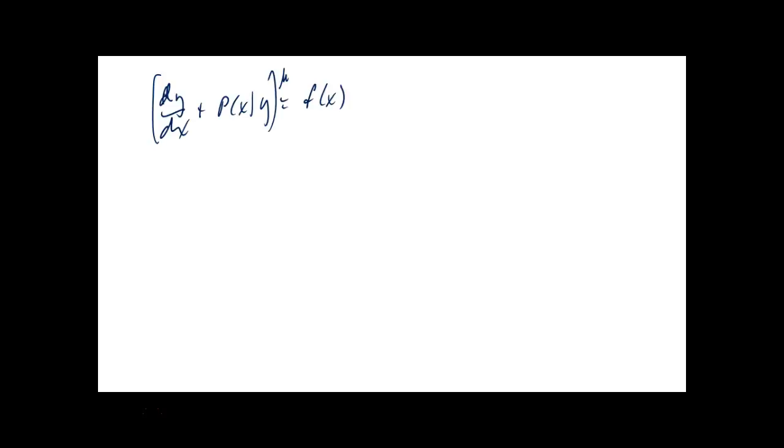All right. So what we have now, I'm going to rewrite this. The mu of x is equal to e to the integral of p of x dx. So I'm not going to write mu of x anymore, I'm going to write that.